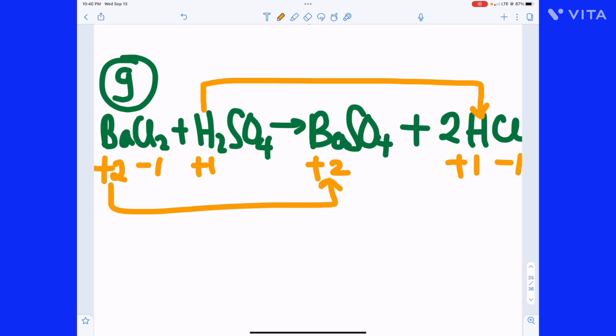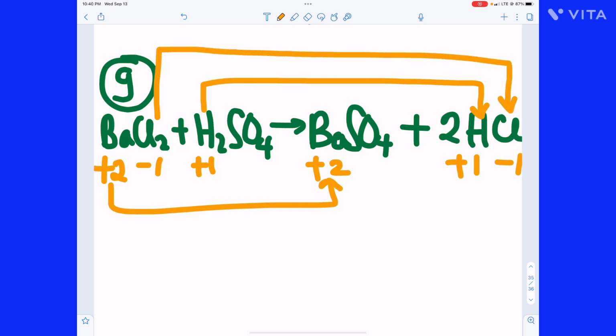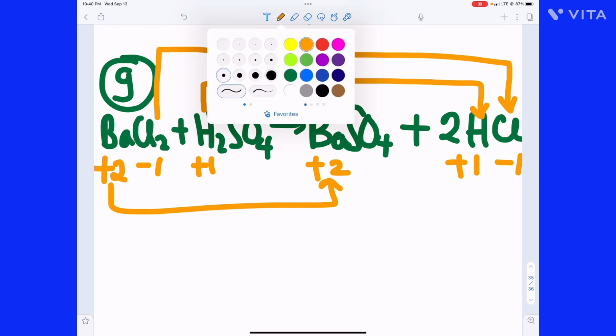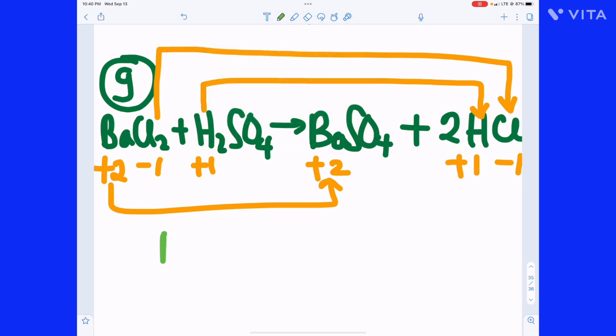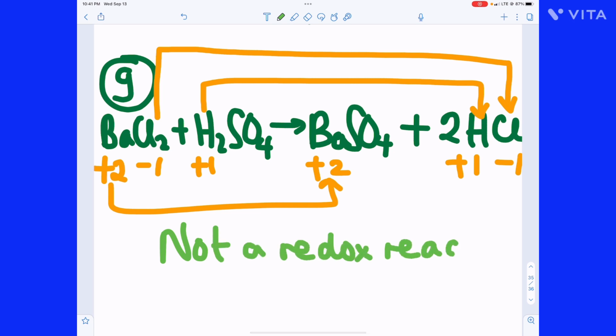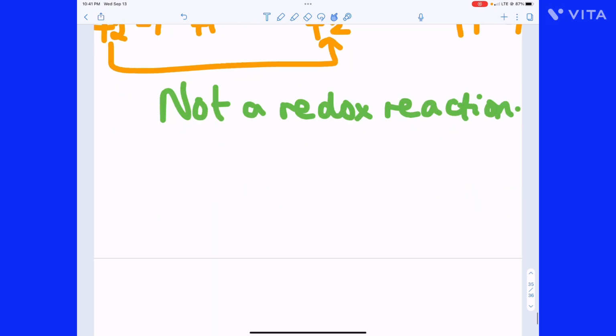Here too, -1 for chlorine on the left, -1 for chlorine on the right. So there's no change. This is not a redox reaction, as there are no changes in oxidation number.